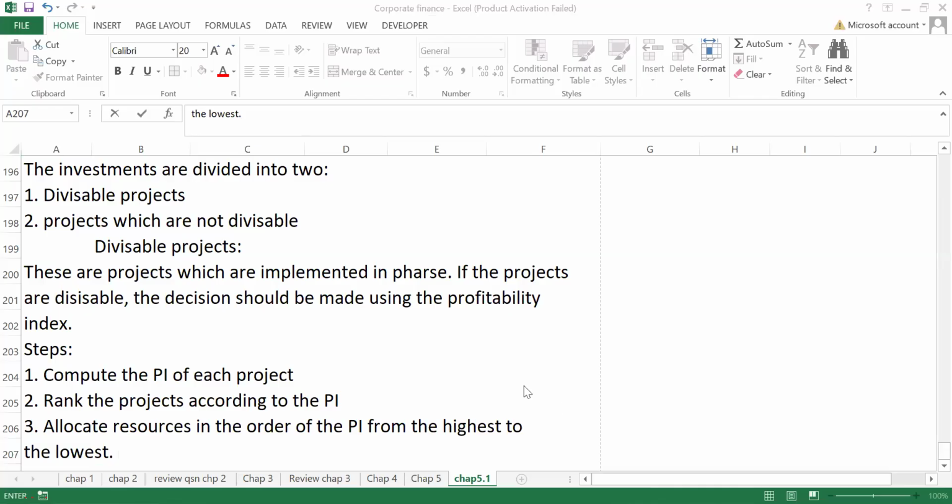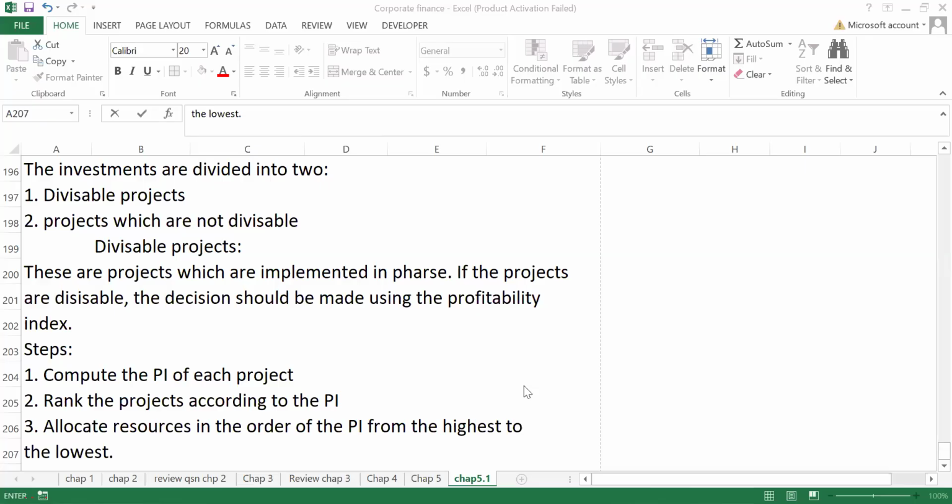Compute the PI of each project, rank the projects according to the PI, then allocate resources in the order of the PI, from highest to lowest. That is when you have divisible projects.